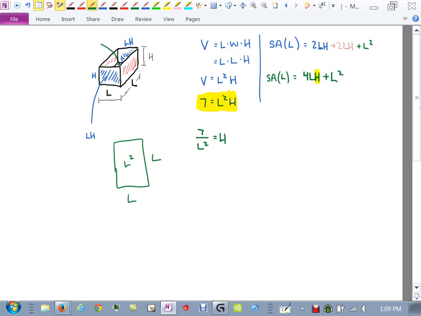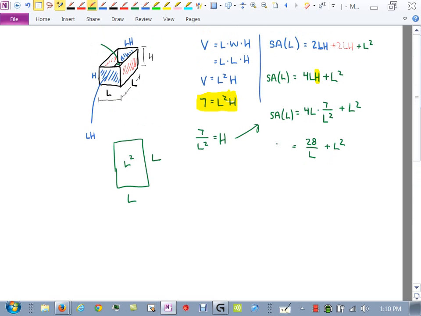And now taking that and plugging it in up here. So my surface area as a function of L would be 4L times H, which is 7 over L squared, and then plus L squared. And this turns into 28 over L plus L squared.